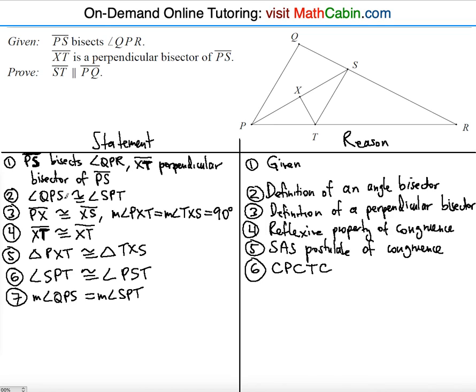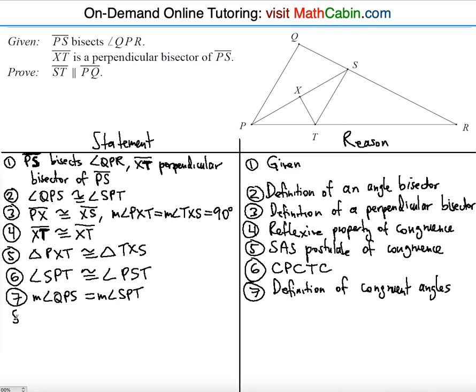So thus their measures must be equal, from line 2 here. So the simple explanation for that would be the definition of congruent angles.